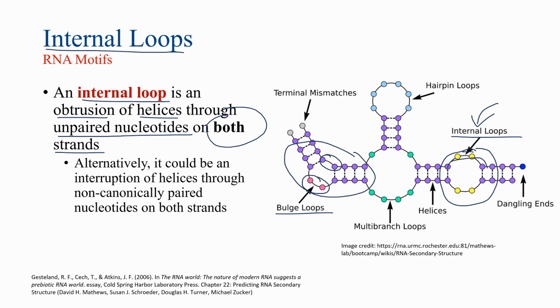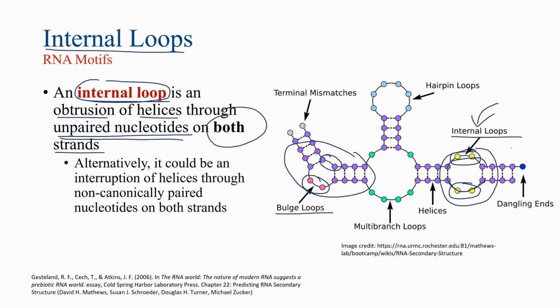So in the yellow, you can see that there are two nucleotides that have no base pairing, as well as the unpaired nucleotides in this strand of the loop. You can see that these two nucleotides also do not have any base pairing. So you can see that in an internal loop, in contrast to a bulge loop, you have an interruption of the helices that is caused by unpaired nucleotides on both strands and not just one.